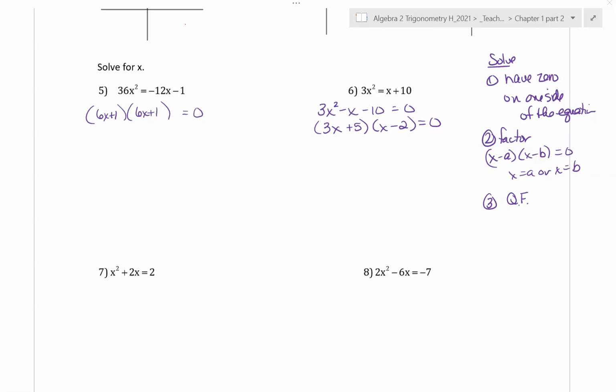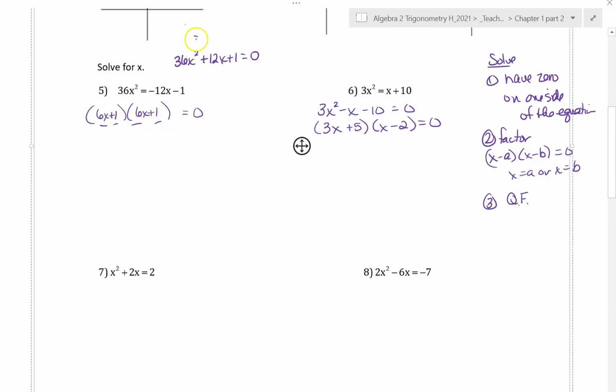Now, when you were doing number 5, the first thing you might want to do is get 0 on one side of the equation. Then we would think that the first terms have to multiply to get 36x squared, and the second terms have to multiply to get 1.